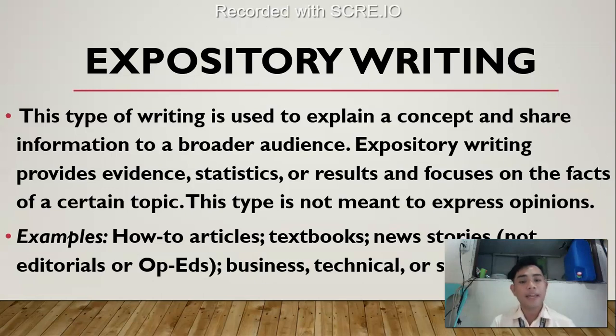So this type of writing is not meant to express opinions. Examples: how-to articles, textbooks, news stories, not editorials or op-eds, but business, technical, or scientific writing. That's the expository writing.